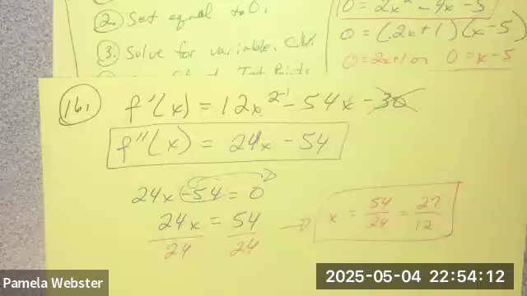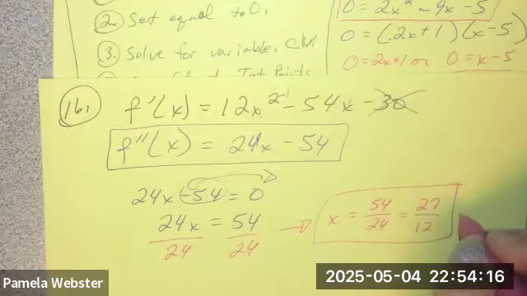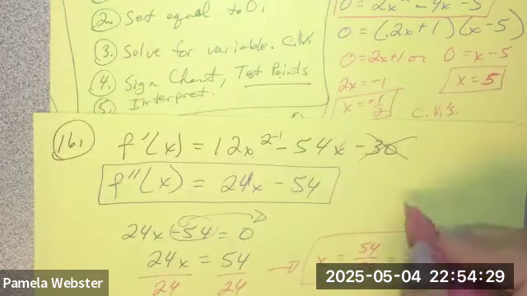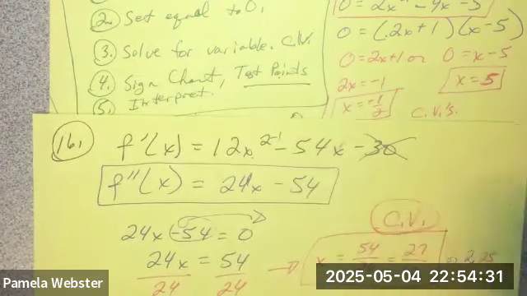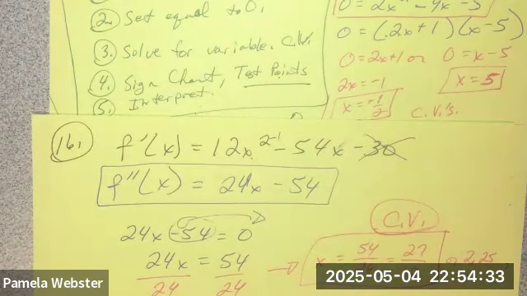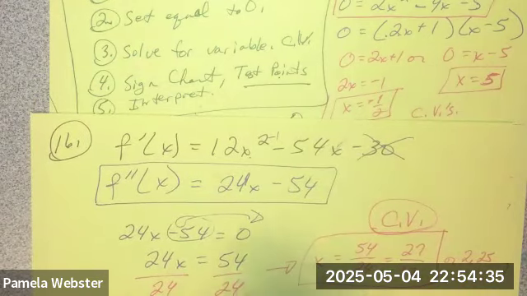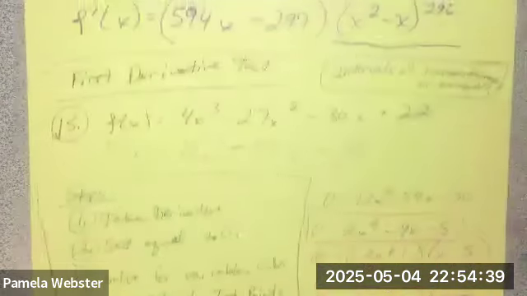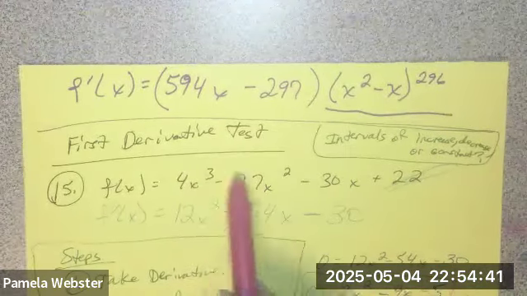Okay. At any rate, this is about 2.25. So 2 and a fourth, basically, right? So you can divide all that out, whatever you need to do. Okay, so I've got my critical value right there. By the way, there's only one here, right? Because this was x squared. Earlier, my original was x cubed.